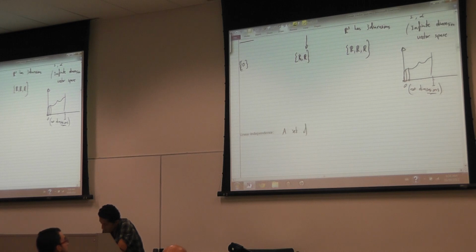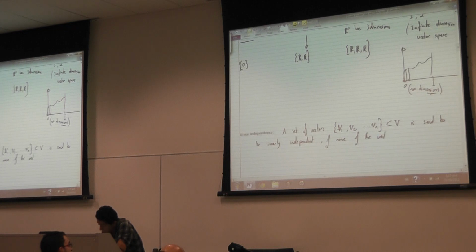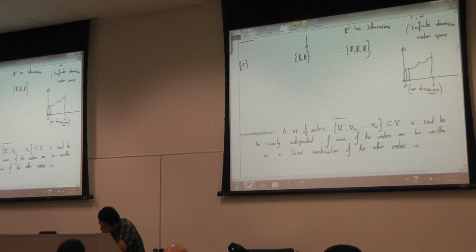A set of vectors v1, v2, ..., vn in a linear vector space V is said to be linearly independent if none of the vectors can be written as a linear combination of the other vectors in V. Let's call this set A.